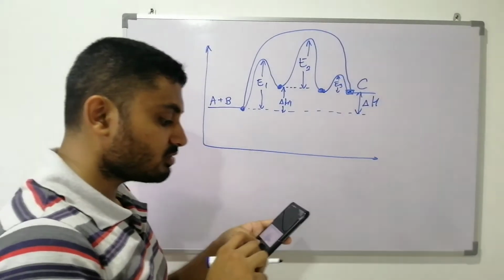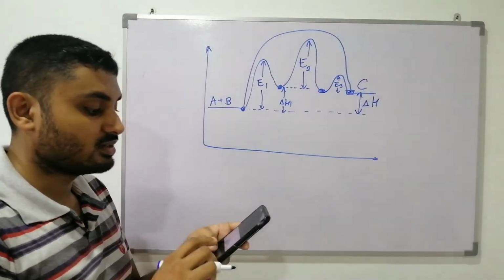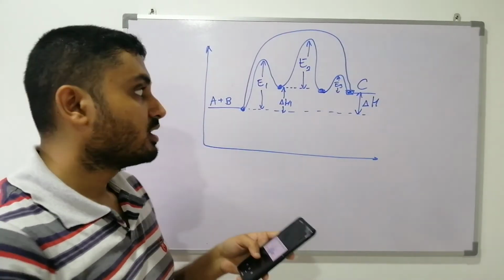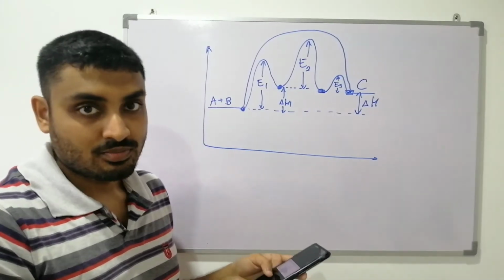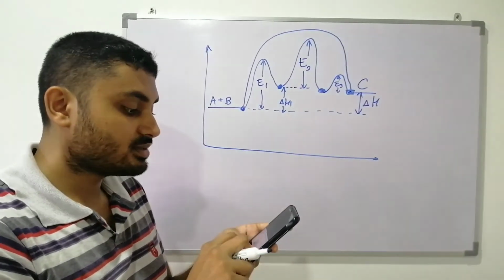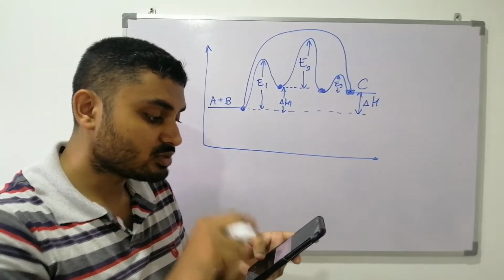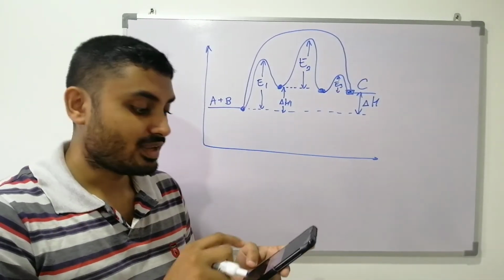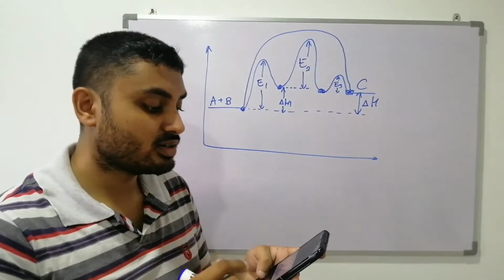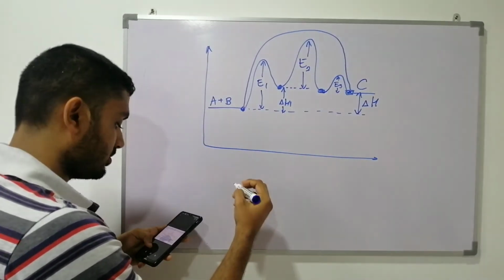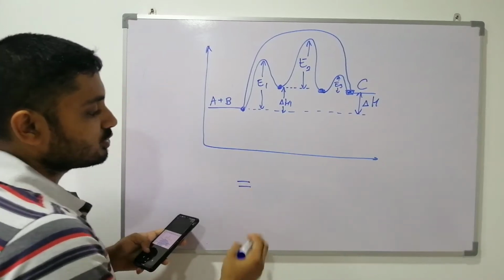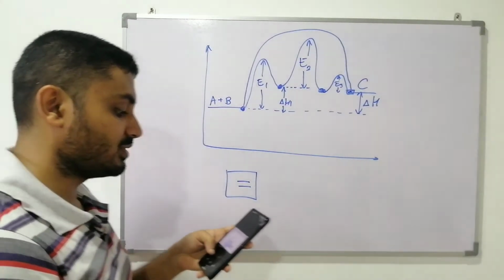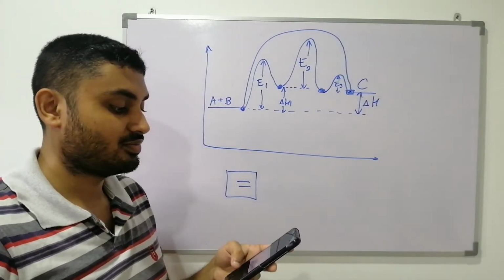In the second one there is an equal sign: EA equals E1 plus E2 plus E3 minus delta H1. We cannot say exactly that. The question asks which of the following is always correct, so in a question like this you shouldn't use this equal sign, because it can be erroneous.